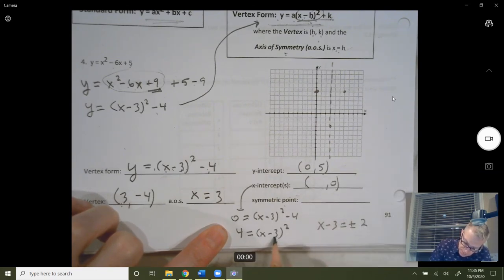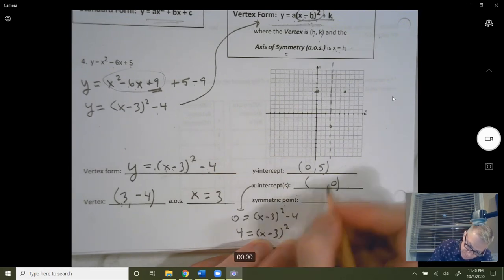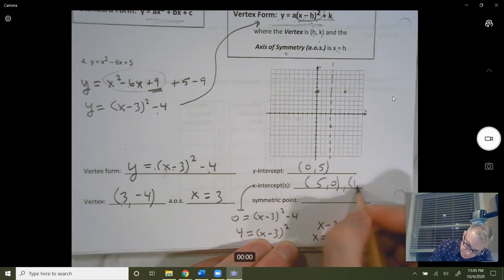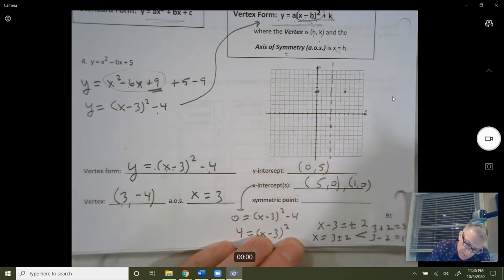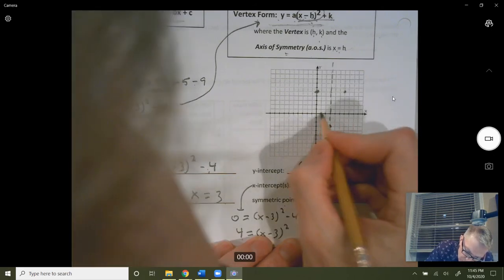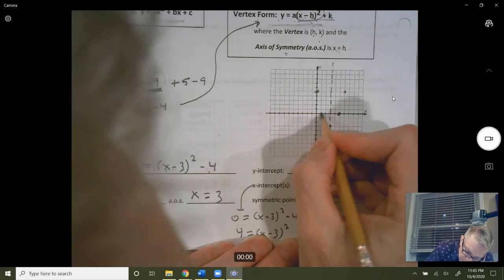So x is going to equal 3 plus or minus 2. So 3 plus 2 or 3 minus 2. So we have 5 and 1. So 5, 0, 1, 2, 3, 4, 5, and 1, 0.